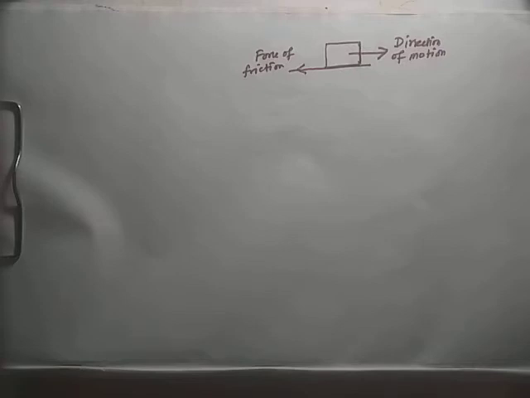Or in other words, it is the force acting on an object which opposes its motion or impending motion. That means it is about to move, like impending motion relative to the surface. I have given examples of this, and in the picture you can also see how friction is working.